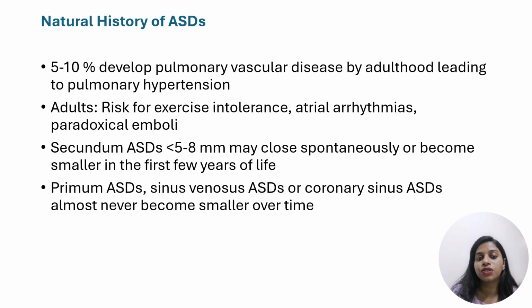So, the natural history of the ASD. If it is a very small ASD and it is not causing any issues, that is fine. But if it is causing issues like chamber dilatation and pulmonary artery hypertension, when the lung pressure is very high, it will cause symptoms like breathing difficulty, and there are chances for atrial arrhythmias.